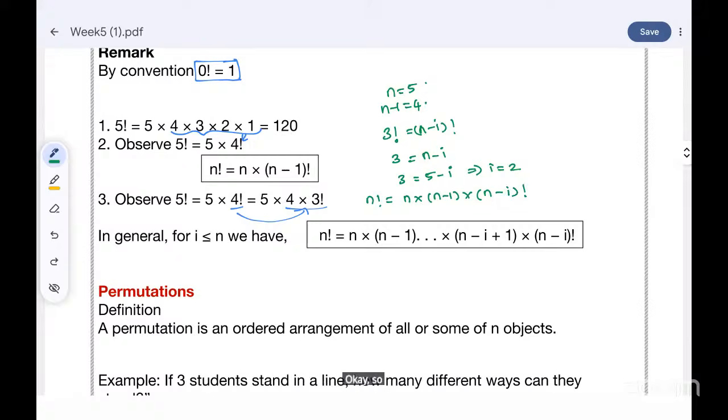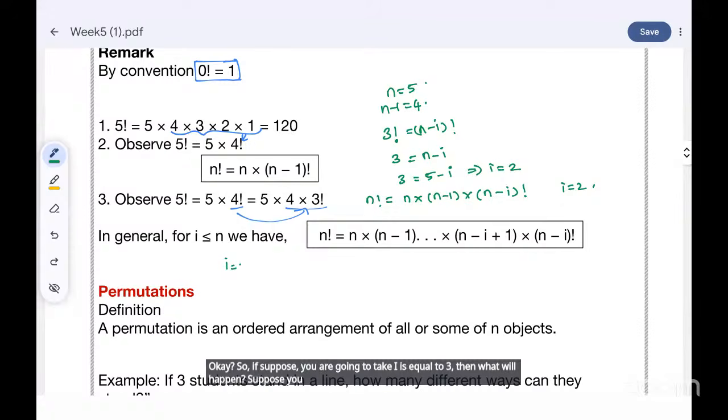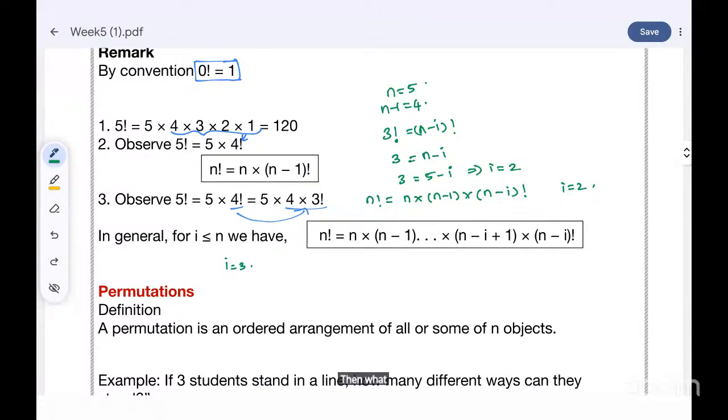Okay, so in this case, your i is 2. If you are going to take i equal to 3, then what will happen? You have n factorial equal to n into n minus 1 into, for example in the case of 5 factorial, it will be 5 into 4 into, so here this is n minus i plus 1.